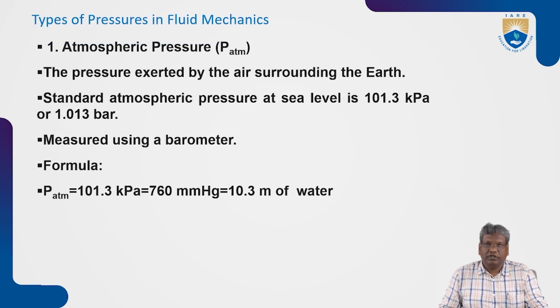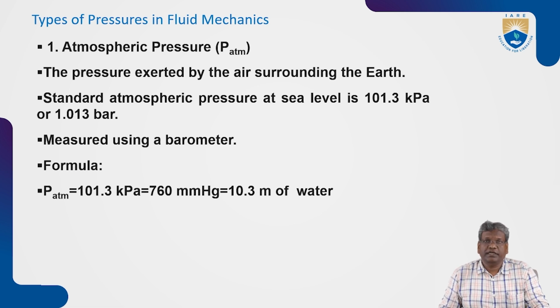So we are discussing different types of pressures, right? We have been discussing the fluid properties, under which another property of the fluid is pressure. So what are the types of pressures?